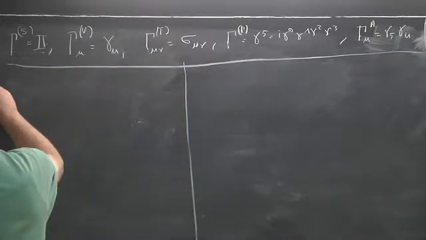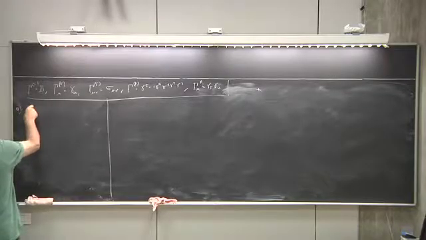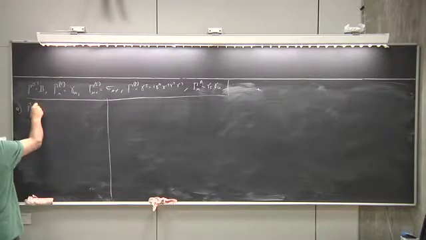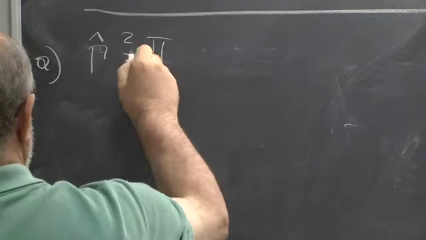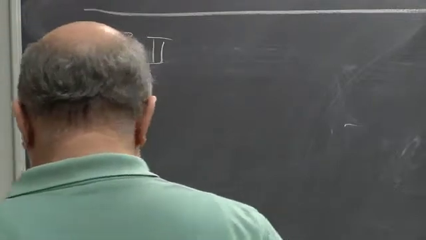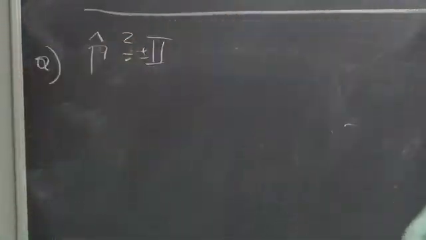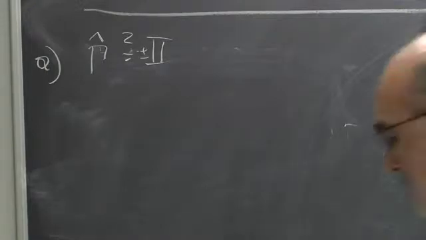The first property A is that any of these gamma squared gives plus or minus the identity matrix, and we proved that for a few of them.